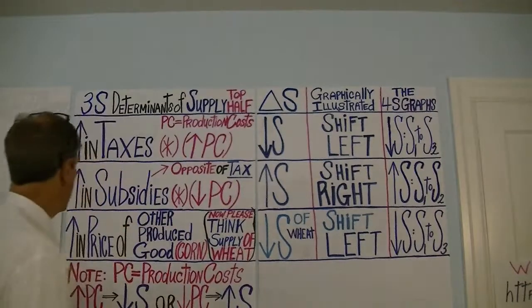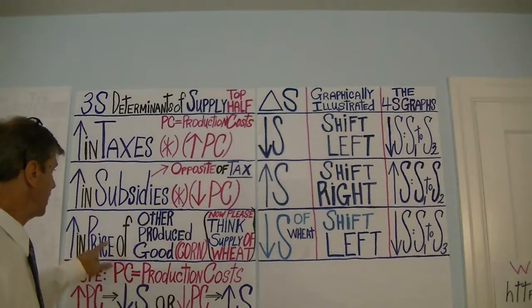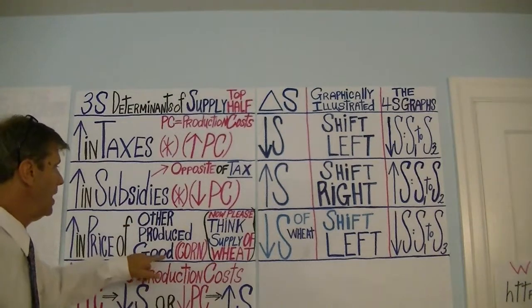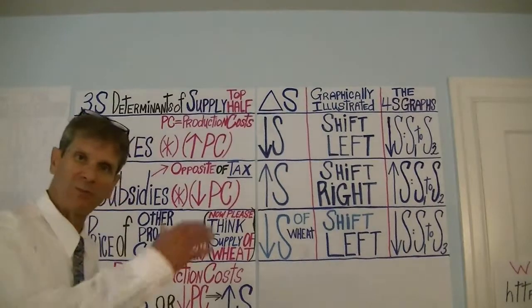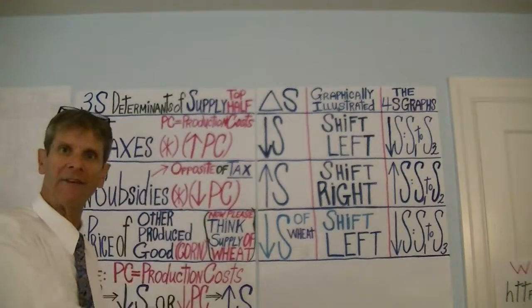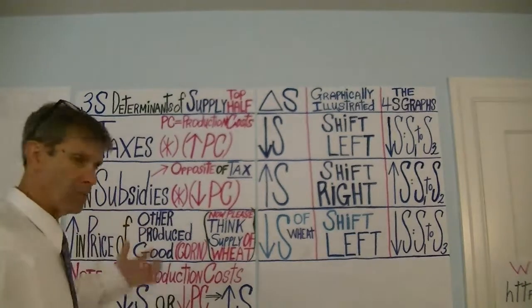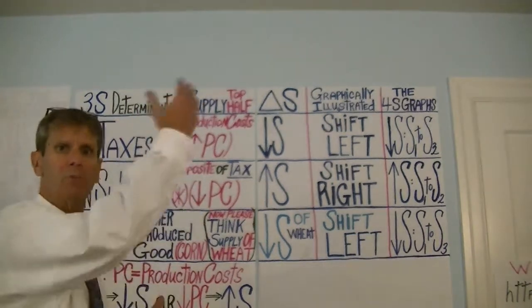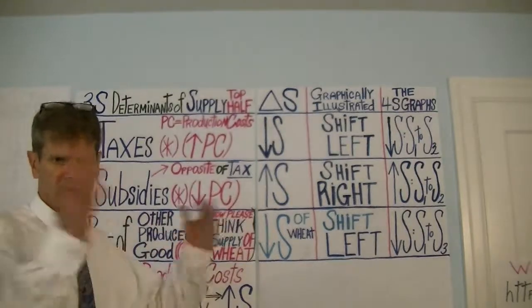Okay? Now, going through these pretty quickly, but an increase in the price of other produced goods. So let's say corn. If I'm a farmer and I'm splitting up my farm half and half in corn and wheat, and you're telling me that the price of corn is going to be going up more, my revenue per unit, and wheat's not changing so much.